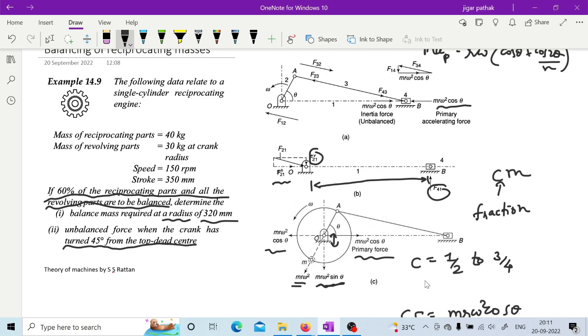Sir, if a counter mass reciprocates in the vertical direction against the already balanced mass, will it be fully balanced, like in a hypothetical case? Sorry, can you repeat? I'm saying if a counter mass reciprocates in the vertical direction, will it be fully balanced or not?